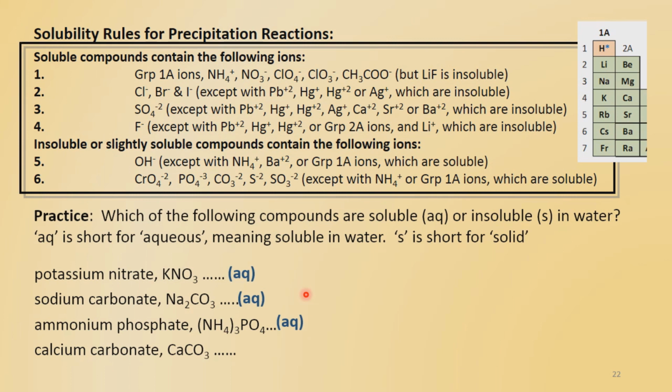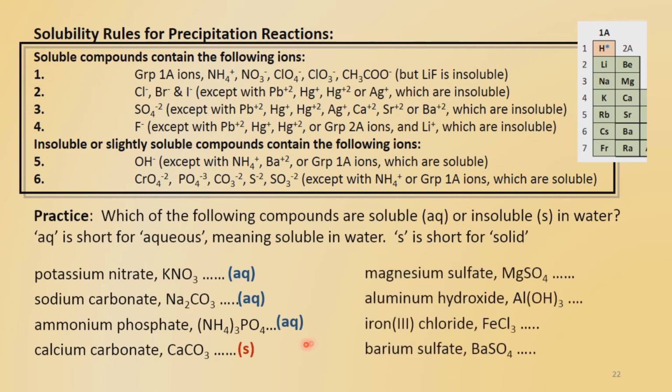How about calcium carbonate, CaCO3? We've seen that almost all carbonates are insoluble, and the only case where it's not is when the carbonate is combined with ammonium or the group 1A ions. Calcium is not one of those exceptions, and therefore calcium carbonate is in fact insoluble. Calcium carbonate is limestone. It's not soluble. Try the next one, magnesium sulfate.